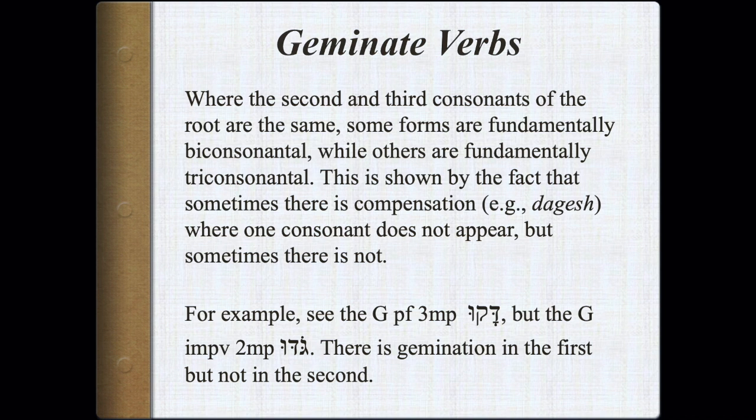And so the form seems to be based on just dalet kof. But the G imperative second masculine plural of gadad does have the double dalet, which indicates that there has been compensation and an inherent triconsonantal form.